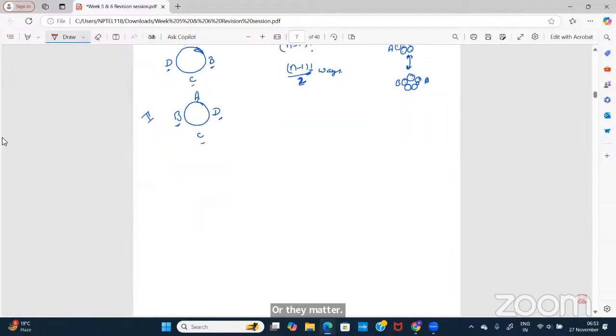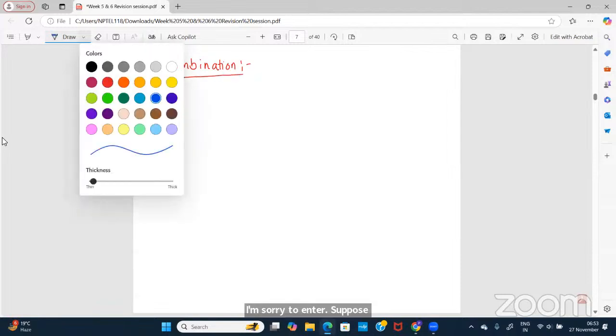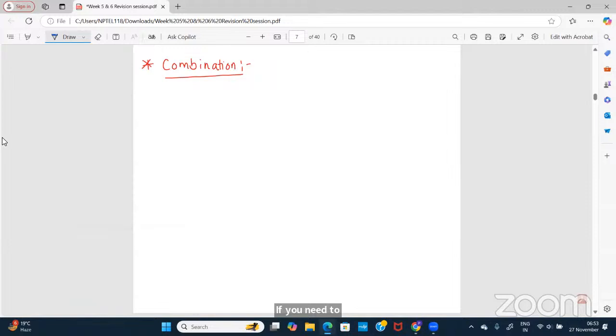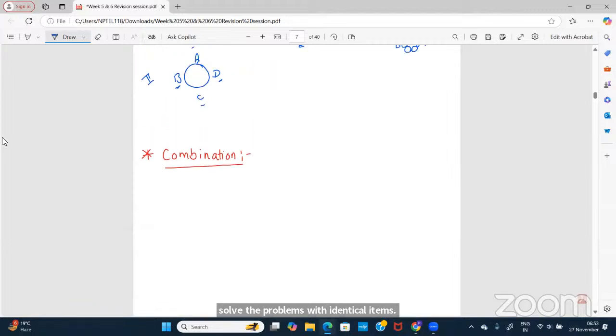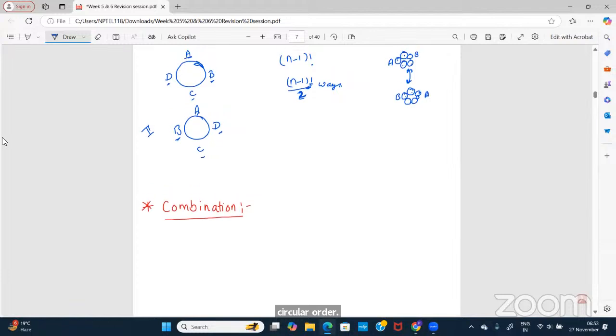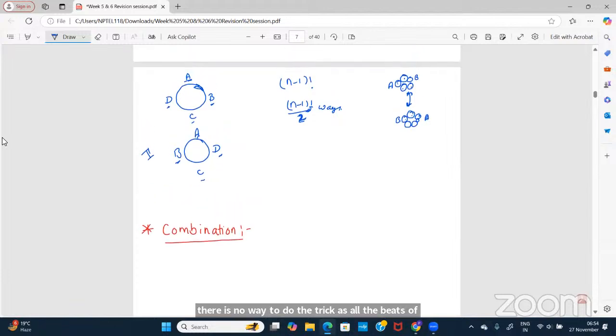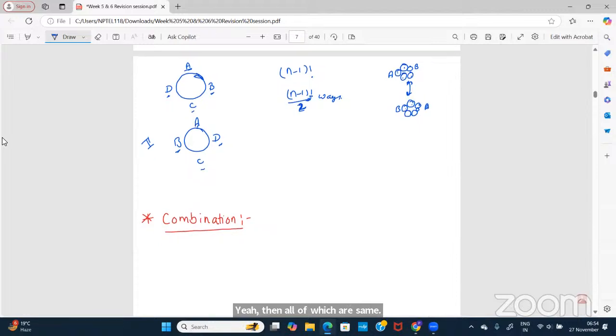Okay, so next thing is combination. Ma'am, sorry to interrupt. Suppose we need to solve problems with identical items in circular order; there is no way to do it, right? Like, if all the beads are the same, we cannot have a concrete answer.